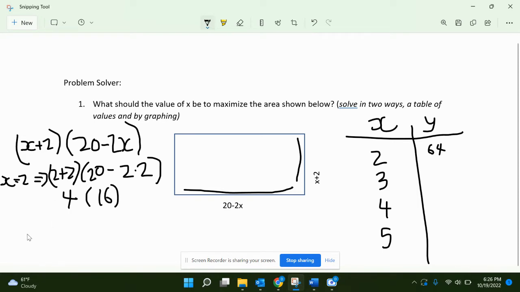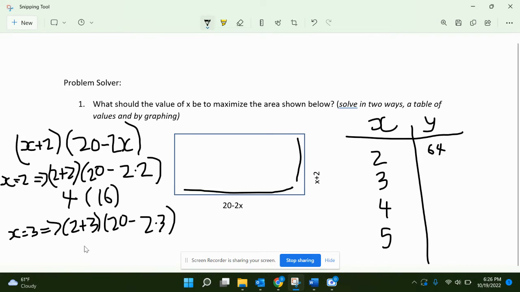Let's try x equals 3. Okay. So let's see, if our x is 3, what's our value going to be? Okay, so if my x is 3, I'm going to have 2 plus 3 and 20 minus 2 times 3.